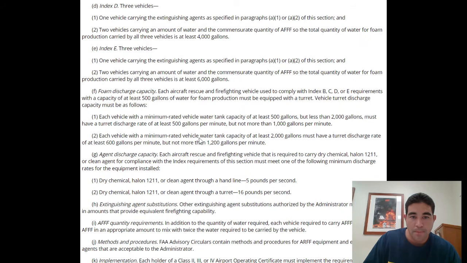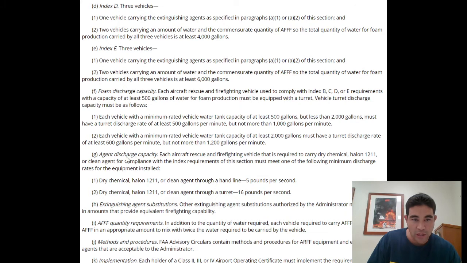And if you have a vehicle capacity of at least 2,000 gallons, then you must have a turret discharge rate of 600 GPM and not more than 1,200. So that's pretty simple. The wording is kind of confusing, but most of our trucks have those capabilities. The trucks are manufactured knowing these standards need to be met, so most of the trucks will fall into these categories.